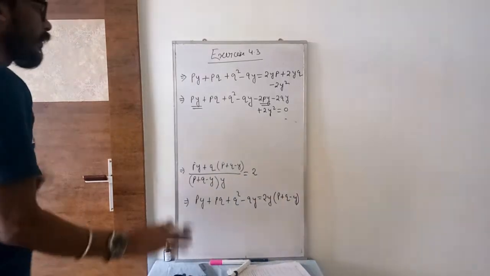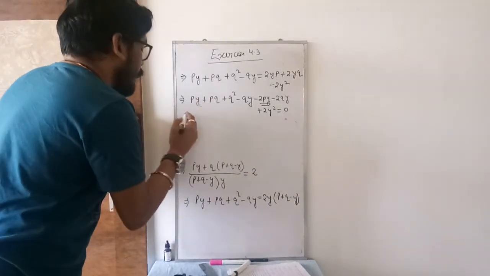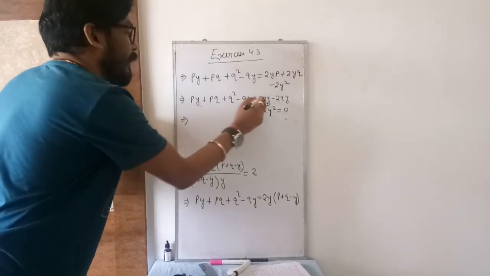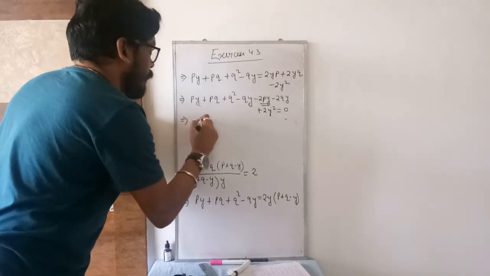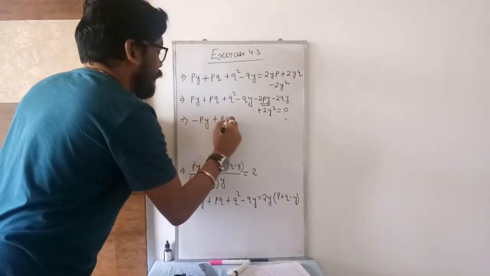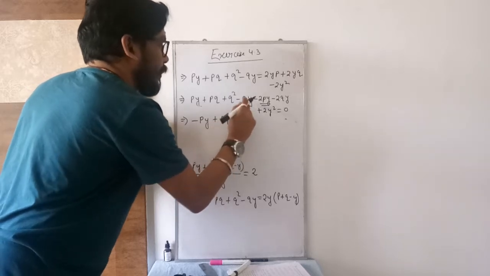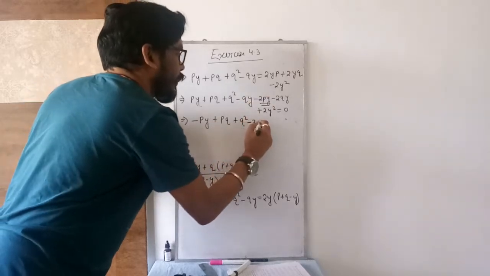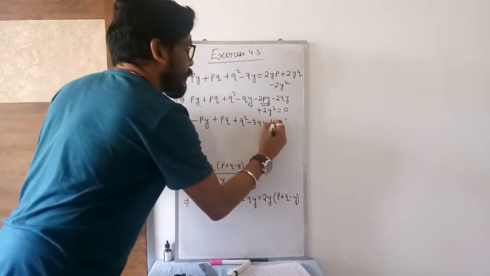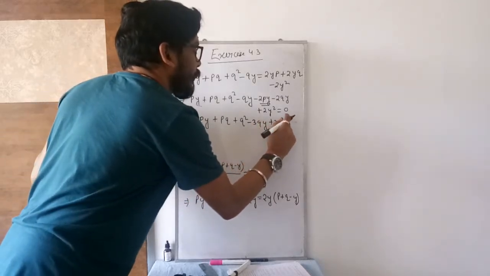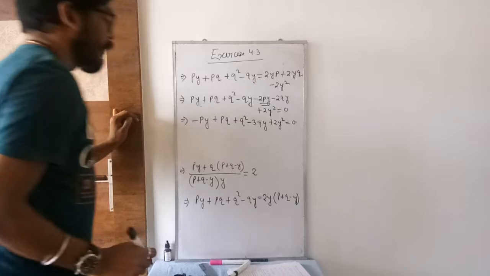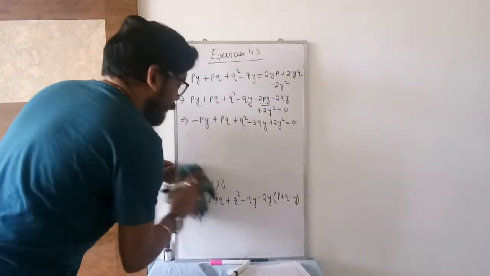So let me write py minus 2py, it is minus py plus pq plus q square minus qy minus 2qy, it is 3qy plus 2y square equal to 0. Okay, I'll rub this part.